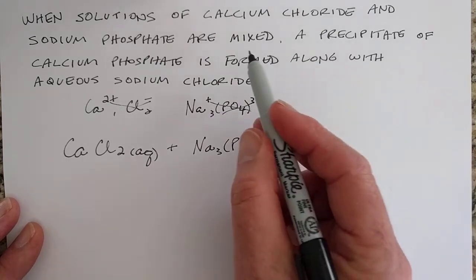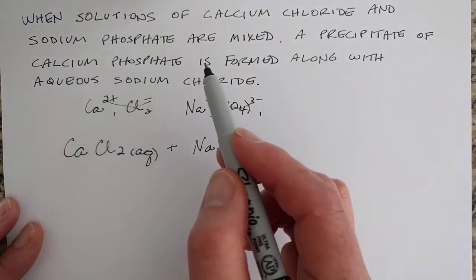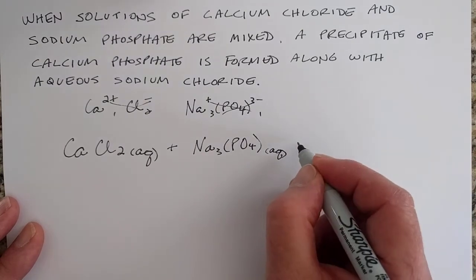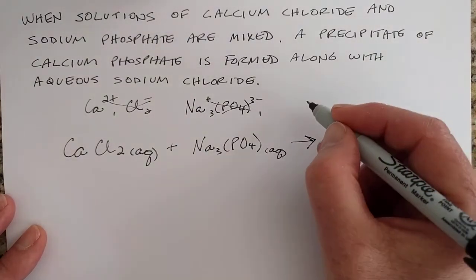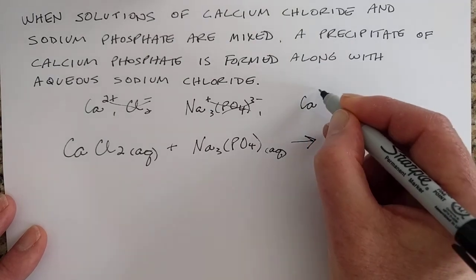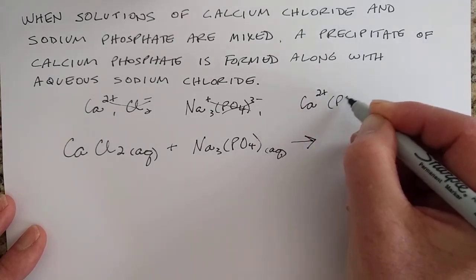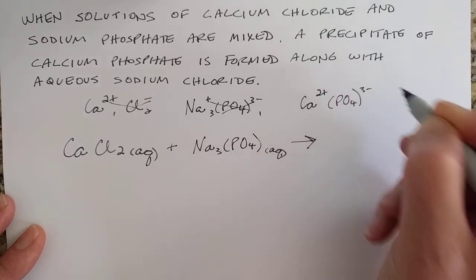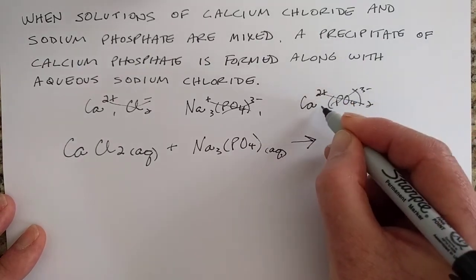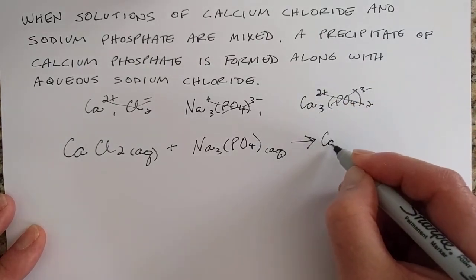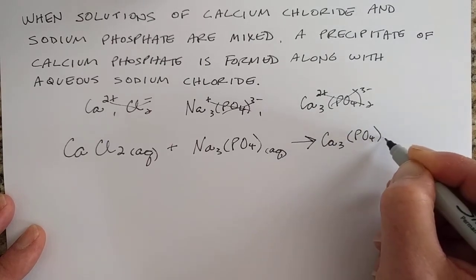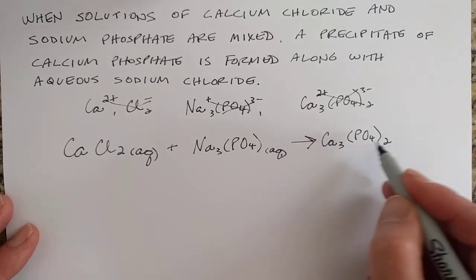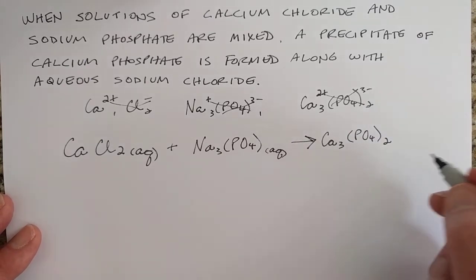All right, a precipitate of calcium phosphate is formed. That means that the calcium phosphate is a product. So calcium 2 plus, phosphate 3 minus, cross, we get Ca3(PO4)2. This time I absolutely need those parentheses.